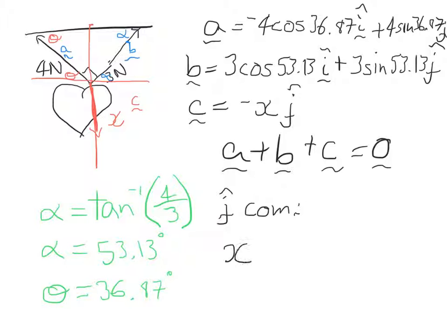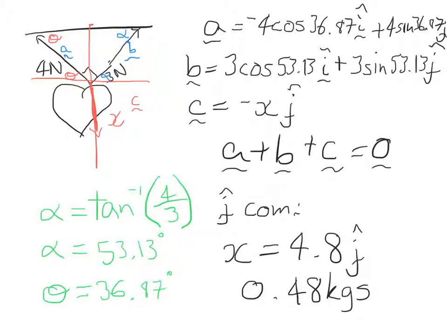So x equals this plus this, and you will get C to be 4.8j, which, if you want to convert it to kilograms, you divide by 100, so it is 0.48 kilos, which, yes, is a very heavy pendant.